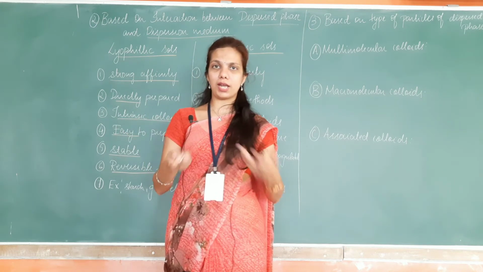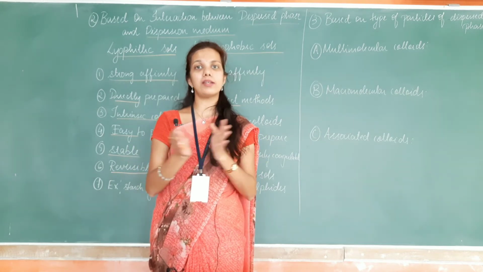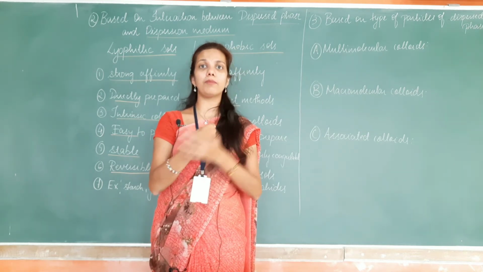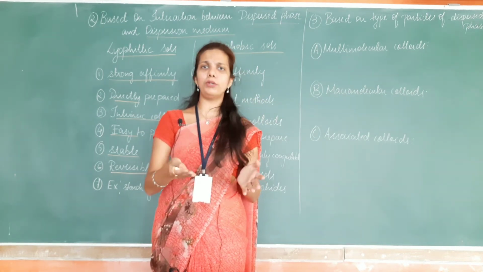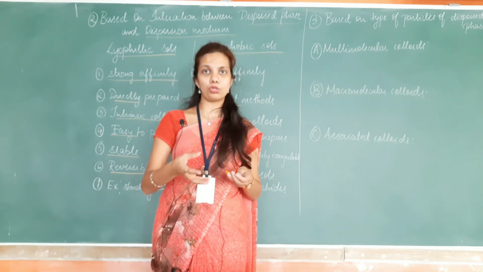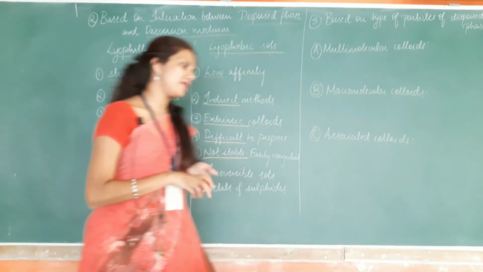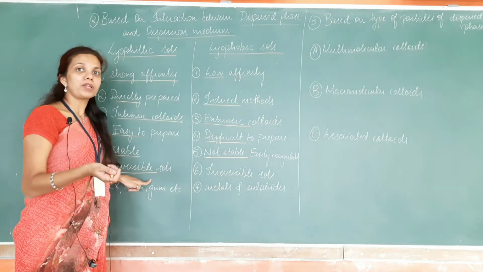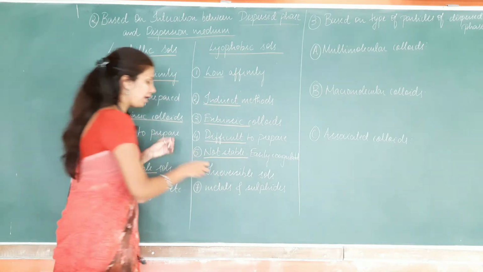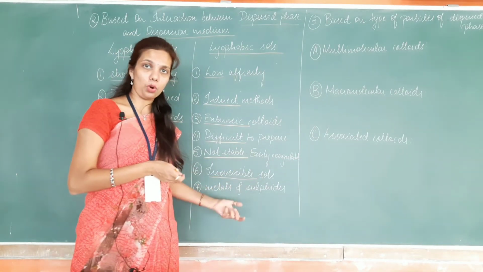Or I can also state this: when a dispersed phase and a dispersion medium are separated from each other and I want to get my colloidal solution back, what I can do is just add some more dispersion medium, that is some more solvent, shake it well and you will get back your colloidal solution. So the best example that you can remember for this is the buttermilk example.